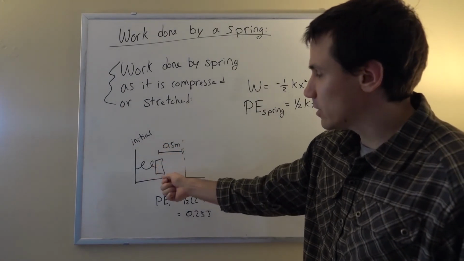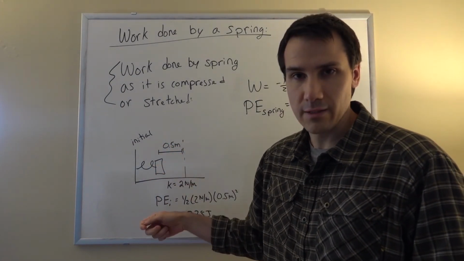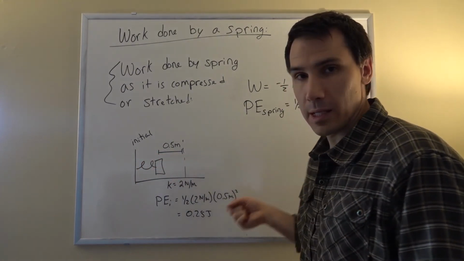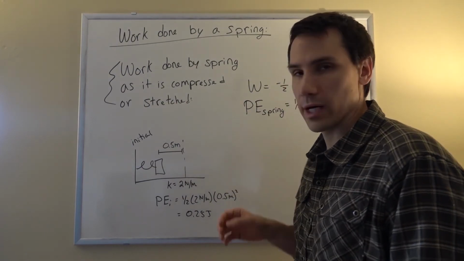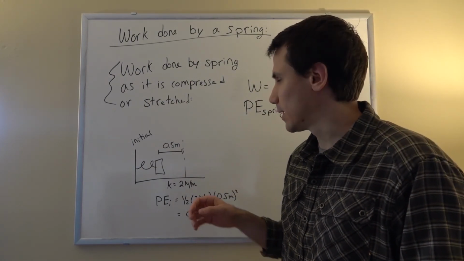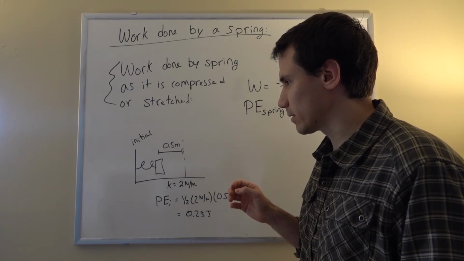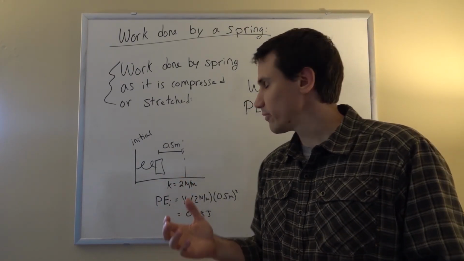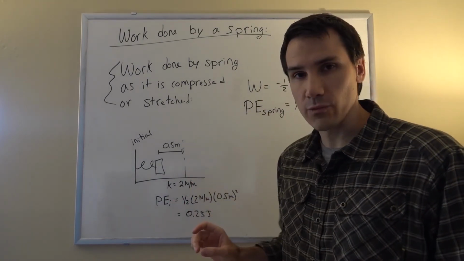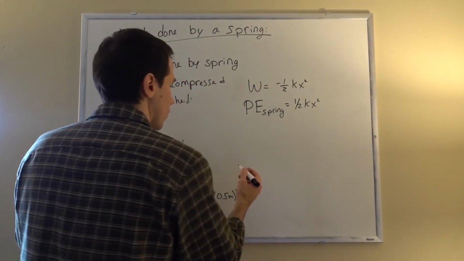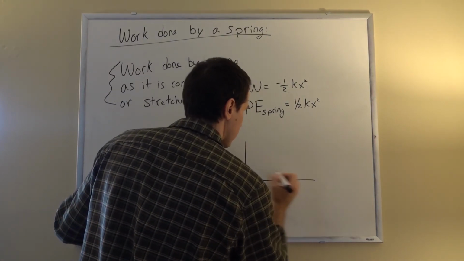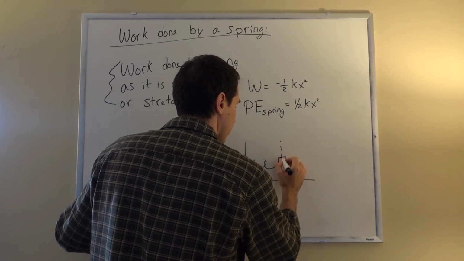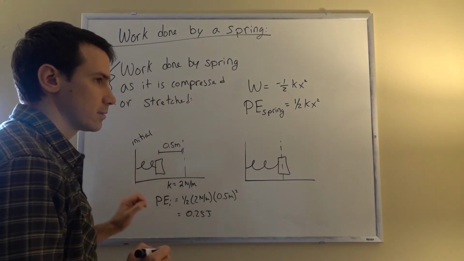Now, imagine that I have a switch I can flip and it releases the spring, right? And shoots the mass out across the surface here. So I could ask, well, what is the energy of the mass right as it reaches equilibrium? Well, in that case, I can draw my final position here.